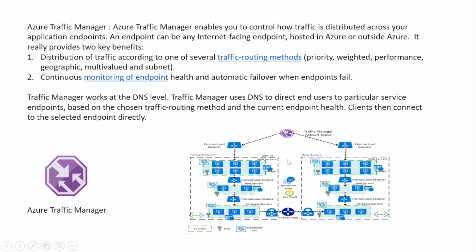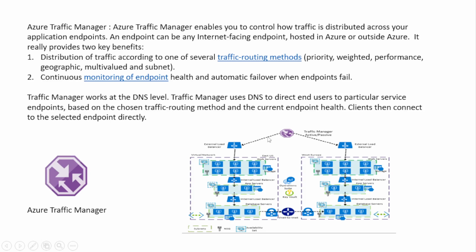If this comes down, it automatically brings West Europe up, and the traffic would flow there. It can be active as well, where we have the priority done and all the traffic goes to one, and we can also have weighted and performance routing. So these are how Traffic Manager decides how to route the traffic.